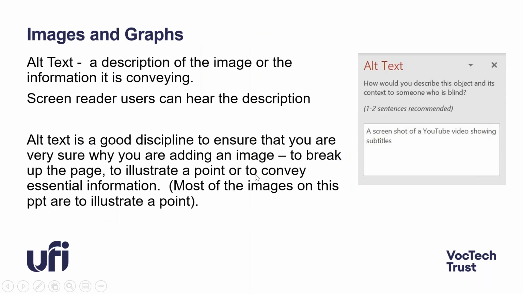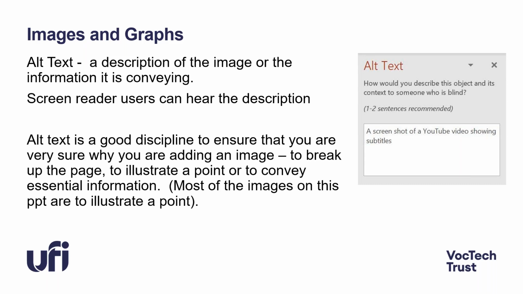Okay. Next one. Images and graphs. You will probably see when you're doing this, it comes up if you put images in a PowerPoint presentation or even a Word document, you get an option for alt text. And this is a description of the image or the information that it's conveying. Very quickly, alt text, do not say image of.